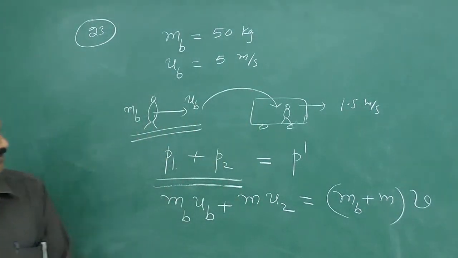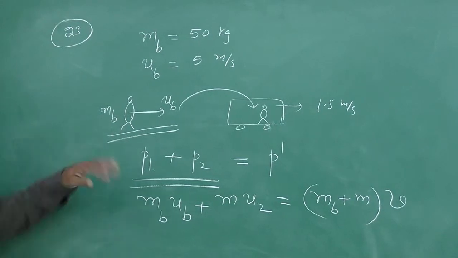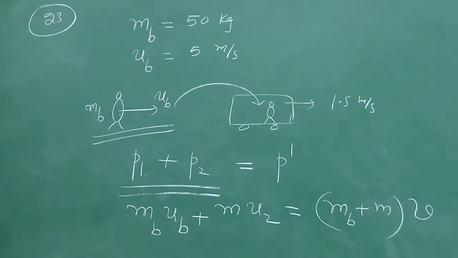This is the total momentum of the boy plus trolley when the boy jumps onto the trolley. Total momentum before the event is equal to total momentum after the event. After the event, both are in the same system.